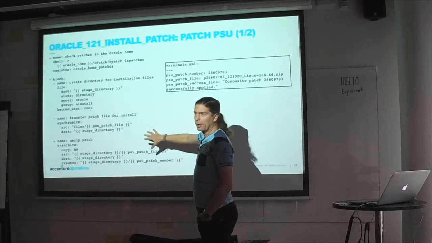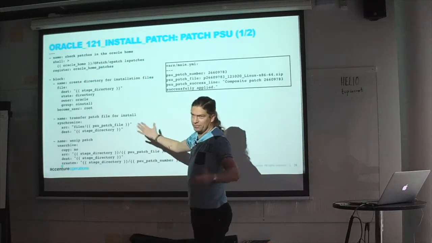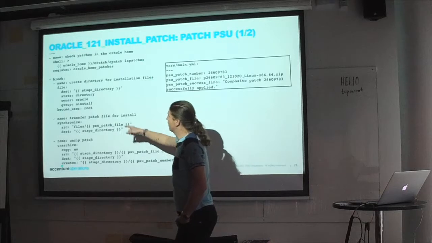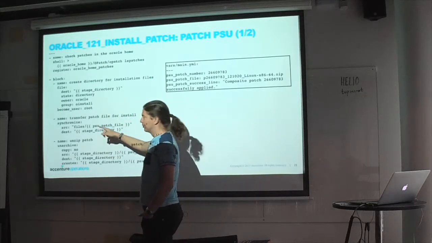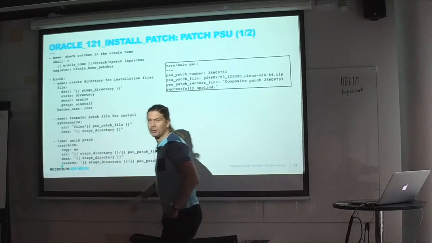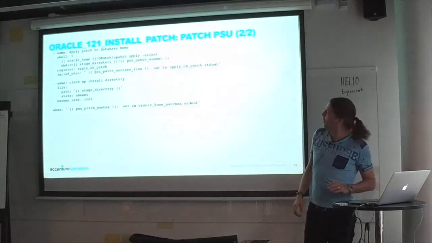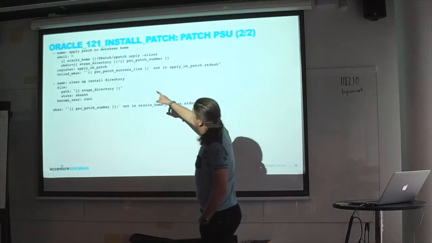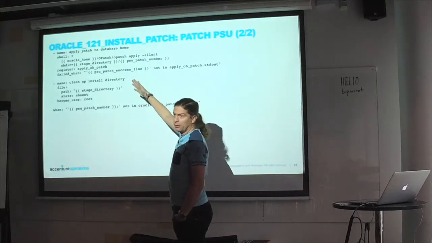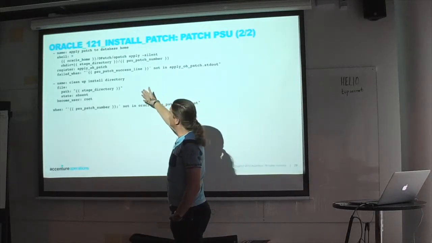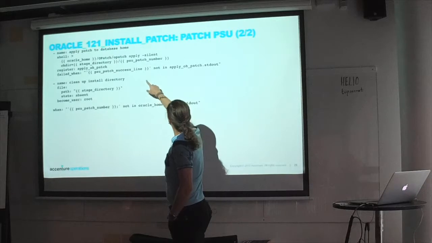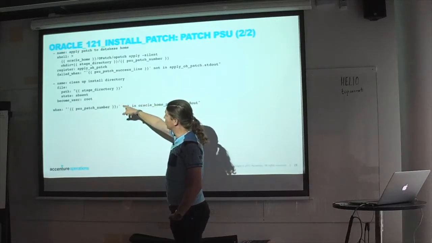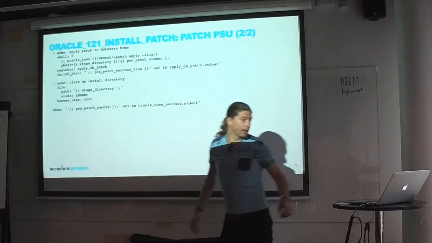And you probably recognize the structure because you'll do a lot of the same. I create a directory, transfer the patch file, unzip the patch, and then I apply the patch. The applying of the patch is the unique part here. And after the patch is successful, it cleans up the directory.